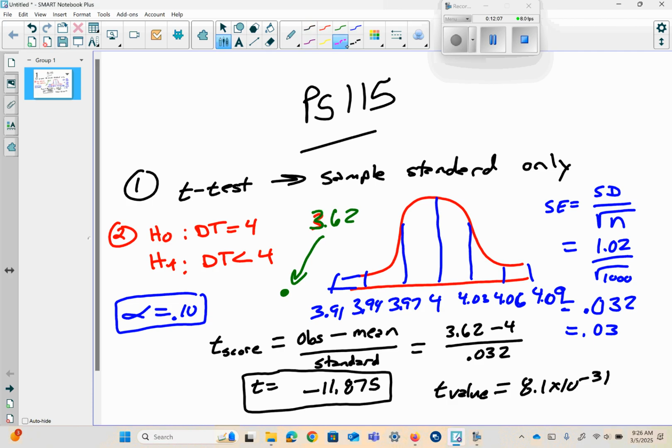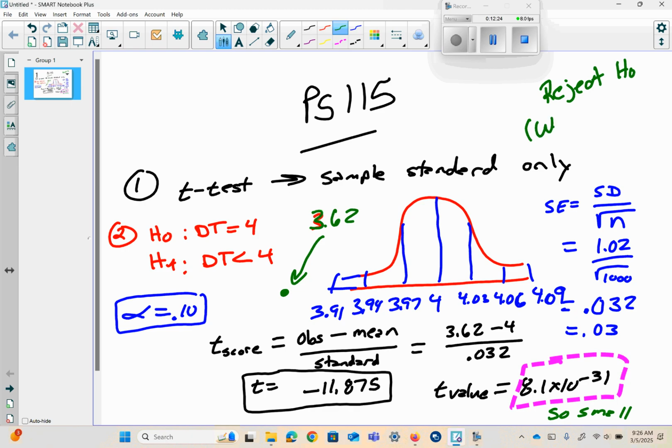This right here is so small that we are going to reject our null. We might have found the strongest evidence ever.